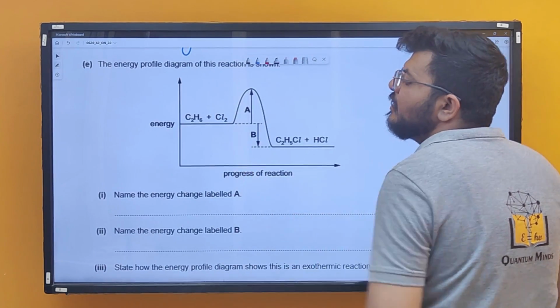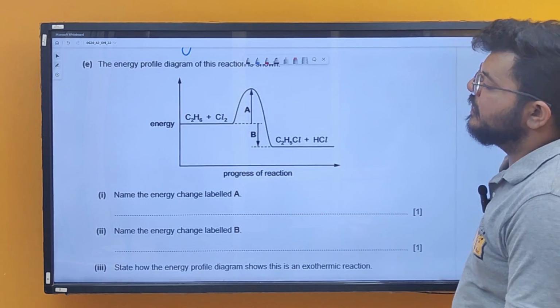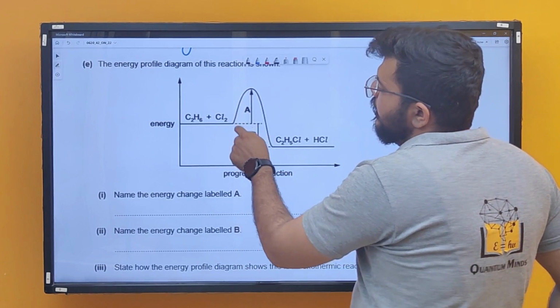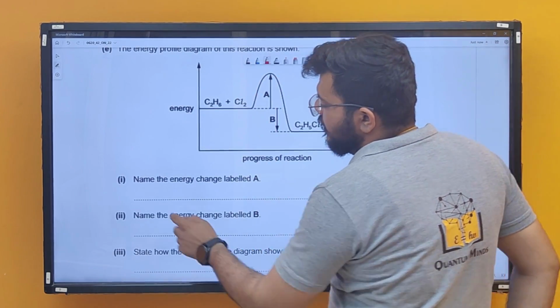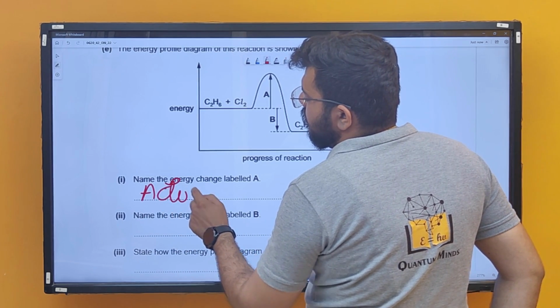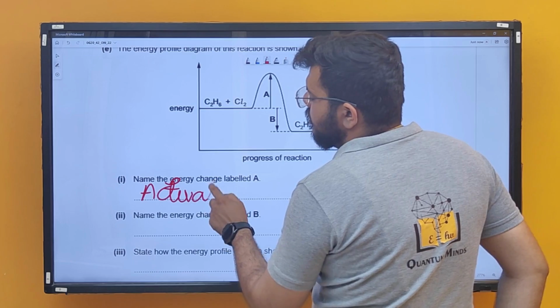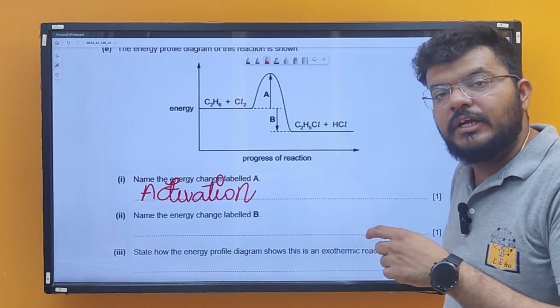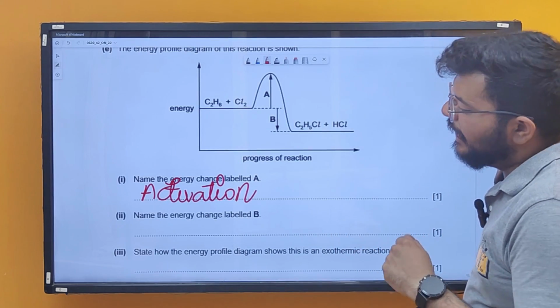Then the energy profile diagram of this reaction is shown. Name the energy change labeled A. Okay, this is activation energy or energy of activation. We are trying to activate the particles so that they can react.